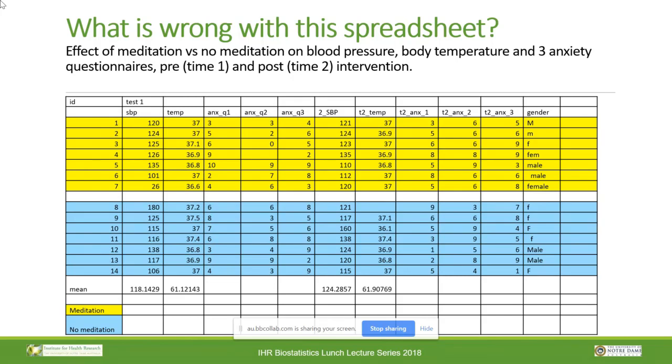It's made-up data looking at two groups, one group that meditated and one that didn't, with blood pressure, body temperature, and anxiety measures as our outcomes, measured twice, before they did anything and after the meditation or not.